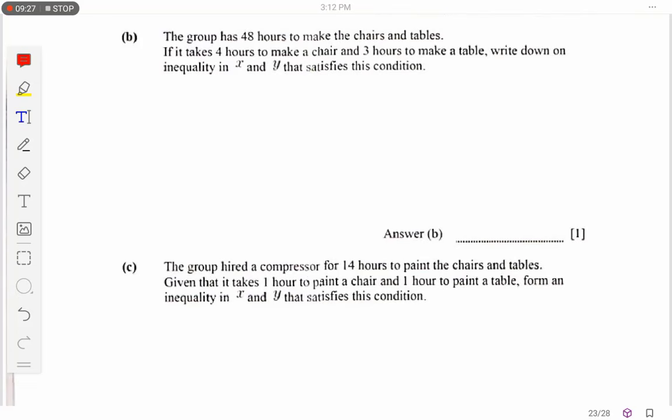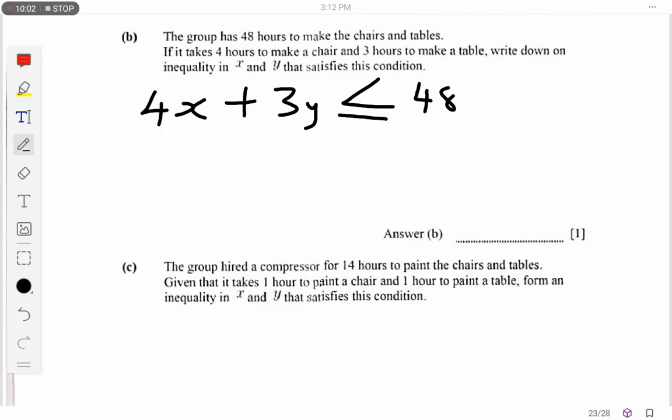So remember our table is Y, our chair is X. So we can say 4 for the chairs, that's X, plus 3 for the tables, Y. They have to make either by 48 hours or below 48 hours, not more than, so we can say less or equal to 48 hours, like that.